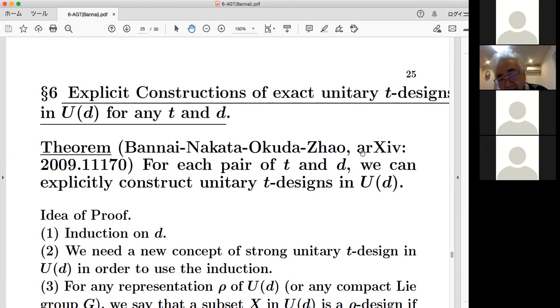And this is put on arXiv. This is an arXiv number. We submitted this paper, but it's not yet published.